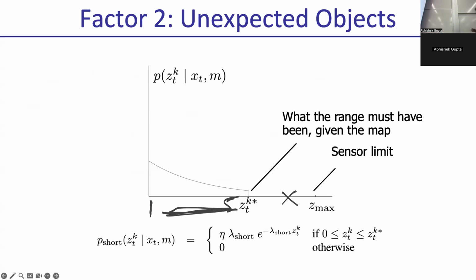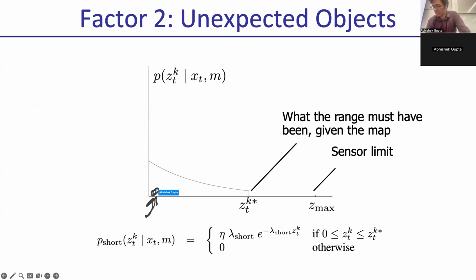And the intuition here is quite simple. Imagine that the obstacles appear with uniform probability anywhere. But in order to get a sensor reading of 1, I just need to have an obstacle here.